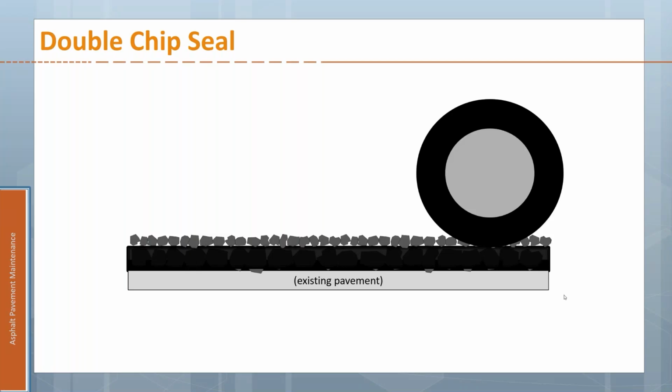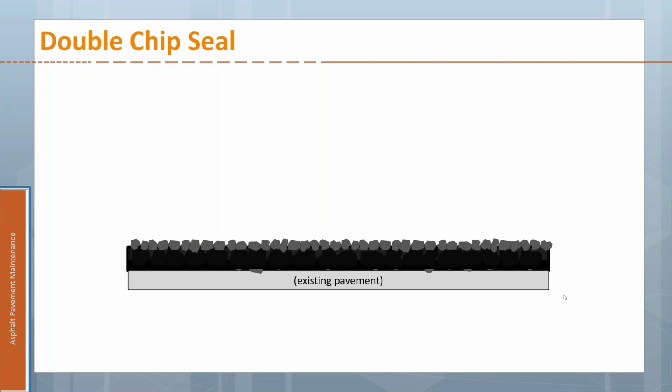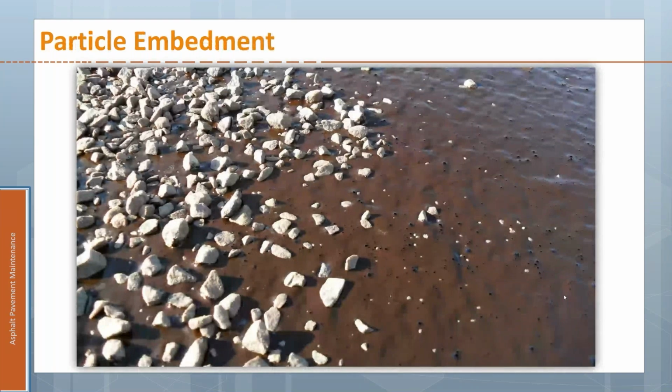So it's a double chip seal, but sometimes you might use a smaller aggregate on that top layer, just to make it a little bit smoother, a little bit more of a fine texture, a little bit closer to what you might see for an older asphalt roadway. So sometimes a double chip seal is two layers of exactly the same thing. But what we're looking for is that oil to be the bonding agent between the surface underneath and the aggregates that we're going to sprinkle over the top.